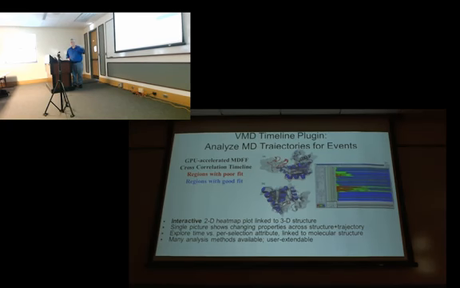And so if we color code the structure by a spatially localized cross correlation, we can see regions of the structure that have a good quality of fit in blue or a poor quality fit in red. And so this is a way of identifying this both visually and quantitatively, and we can use this in concert with both the visualization tools in VMD and also with this timeline tool, so we can see the quality of fit of different parts of the structure.